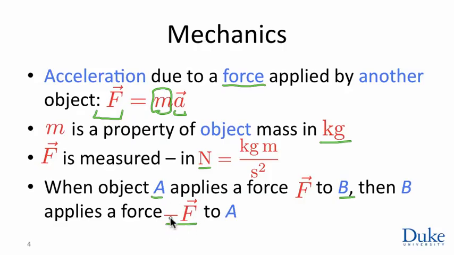We write it mathematically as negative F. Negative, for a vector, means a vector of the same size pointing in the opposite direction. What this means is that when you push on the refrigerator, the refrigerator pushes back on you. This is not an action by the refrigerator. This is not some act of will. It's Newton's third law in action.